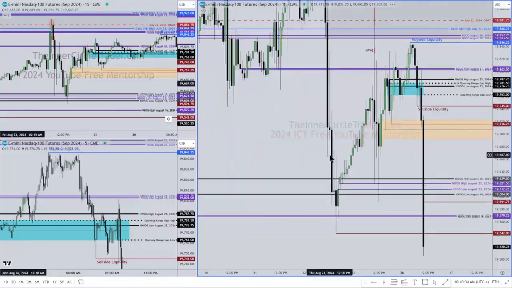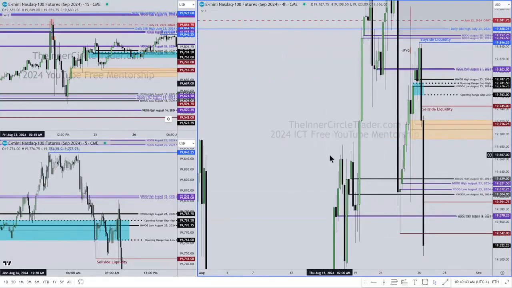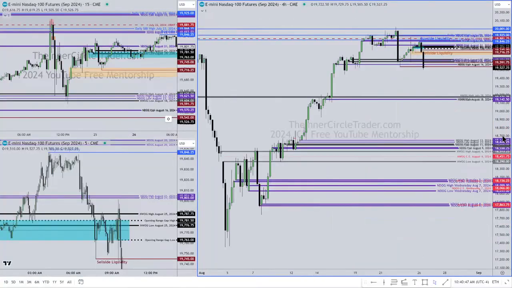And just for my own personal taste, I want to see what it looks like on a 60-minute chart. 4 hour. Right here, into the afternoon and overnight going into tomorrow.